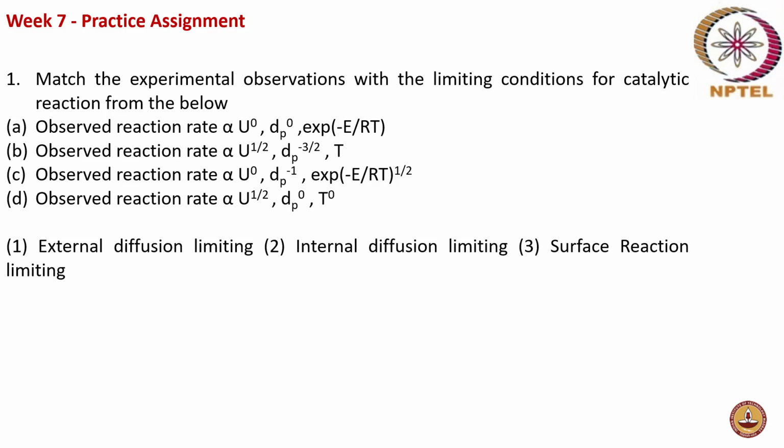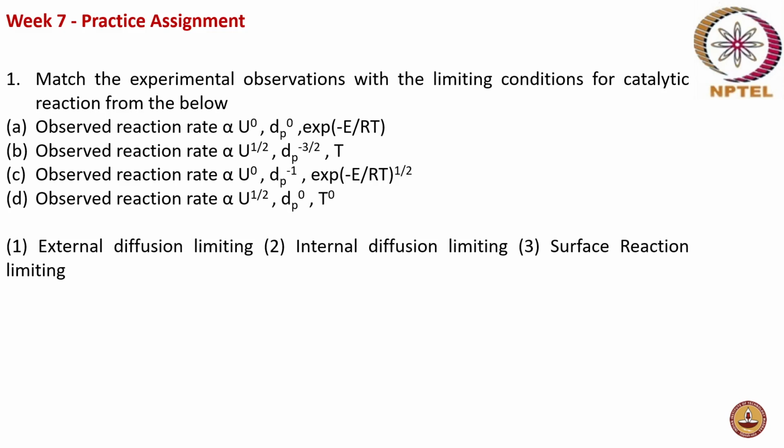Option C: observed reaction rate is proportional to superficial velocity power 0, inverse of the particle diameter, and exponential relation with respect to temperature, which is again further raised to the power of half. And option D: observed reaction rate is proportional to square root of superficial velocity, diameter of the particle to the power 0, and temperature to the power 0.